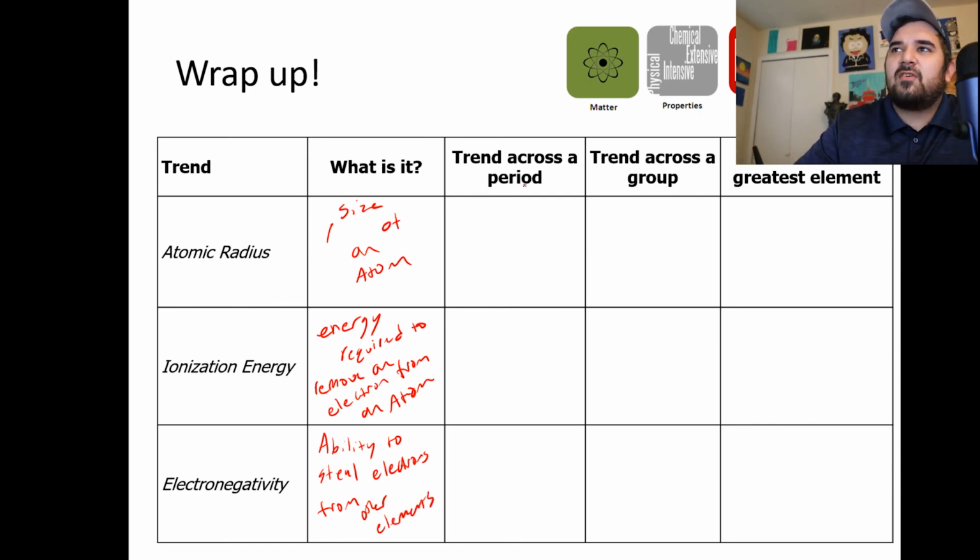All right, so trend across the period. That's as we're moving to the right and left on the periodic table. For atomic radius, they get smaller as you move to the right.